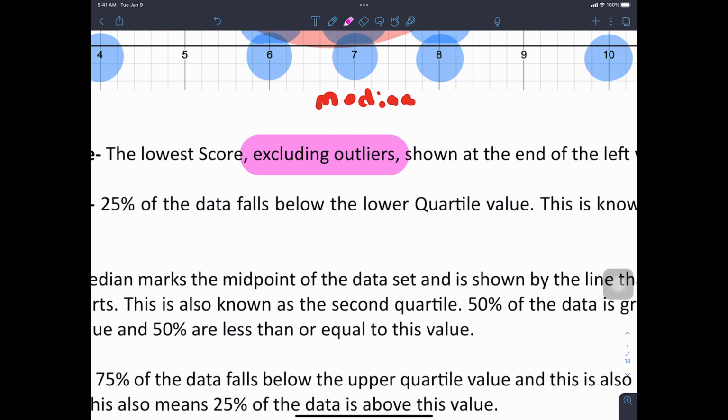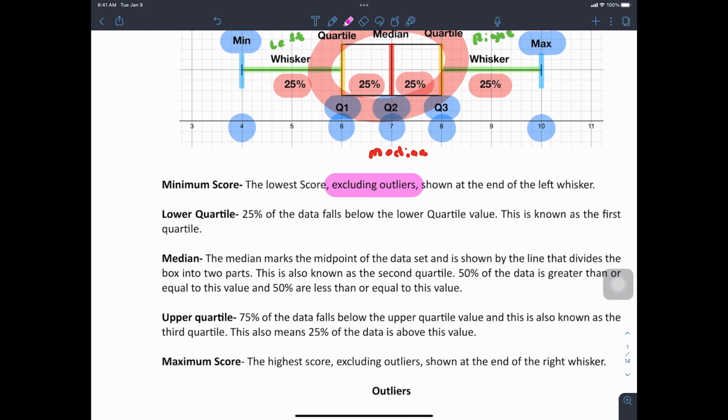It could be far above or far below, but it's far apart from the rest of the data. Now, how far apart is defined, that's what I mean. It's going to be outside a particular interval.